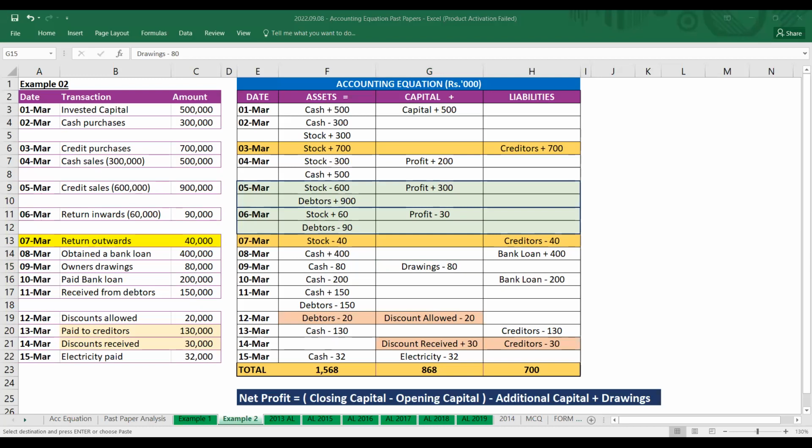Net profit. There is no additional capital. If there is no additional capital, you can have zero.